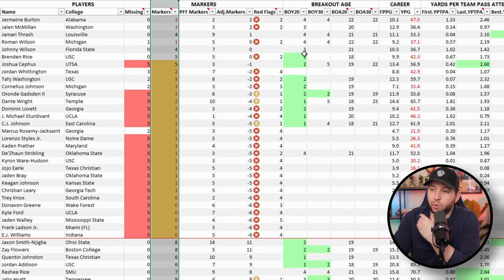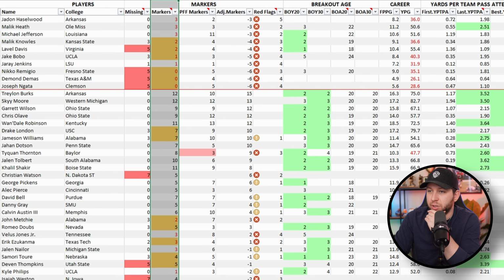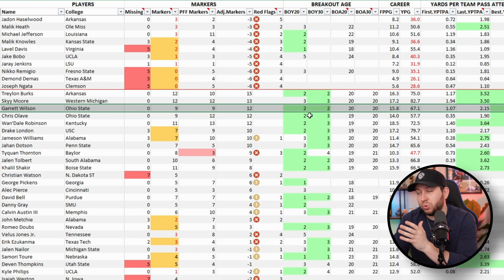One perfect example of why I've switched to year specifically is Garrett Wilson. Garrett Wilson has a breakout age of 20 years old for both the 20% and the 30% dominators. But that was in year 2. So he broke out at 20% and 30% as a sophomore. But because he was a slightly older kid coming out of high school, his sophomore season was at the age of 20 years old.